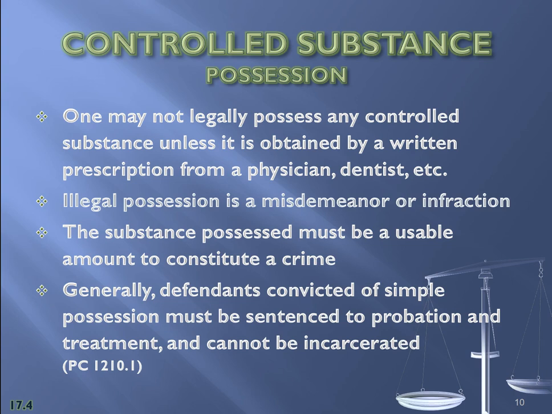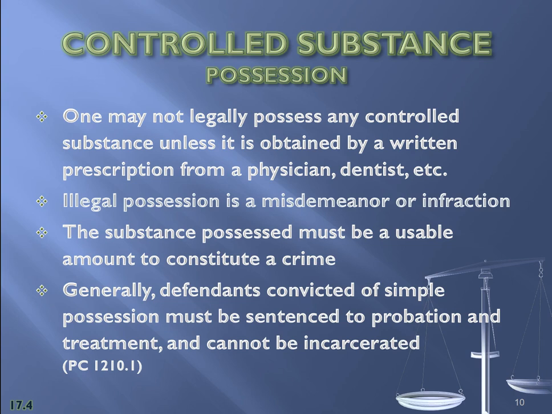So what about possessing a controlled substance? Well, one may not legally possess any controlled substance unless it was obtained by a written prescription from a physician, dentist, podiatrist, or veterinarian licensed to practice in California.